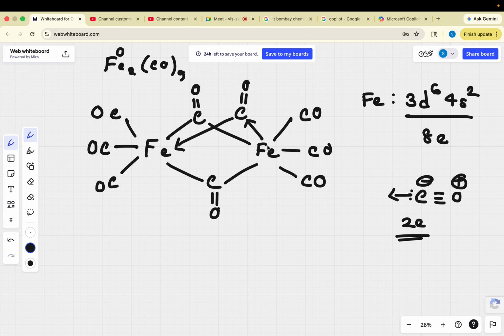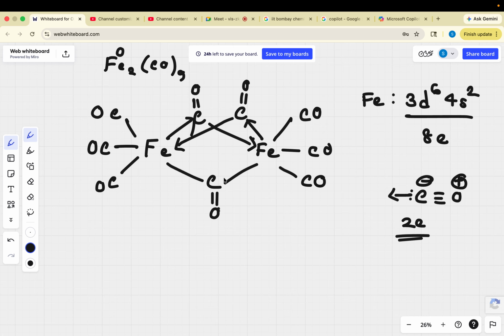These are all coordinate bonds, not covalent bonds. Similarly, suppose this bridging CO is donating 2 electrons to your iron center, then this iron center will donate 2 electrons to form this bond with carbonyl. Like this the bonding is happening.